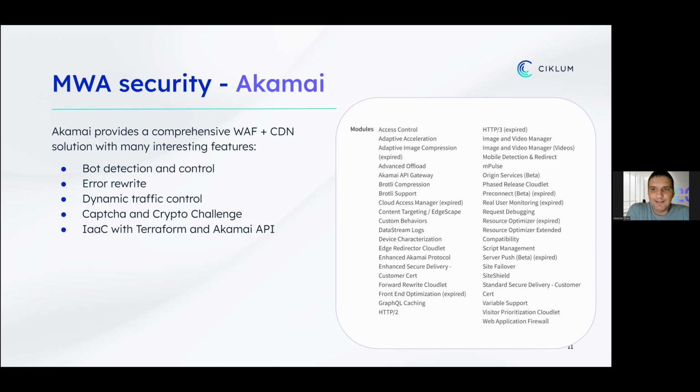To the right, it's one of our websites with all the modules present from Akamai. There are lots of features in Akamai that help to protect, cache, and improve the performance of the website. But what are the most important things that we have? The first one is, of course, bot detection and control. Akamai can detect legitimate and non-legitimate bots. It can whitelist bots and allow some kind of bot activity.